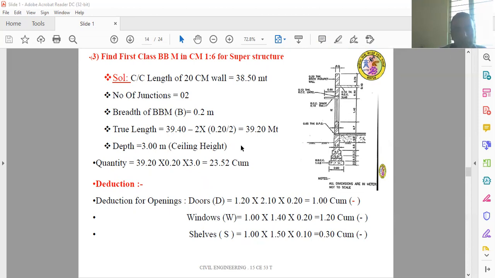But in actual practice, we are providing some windows, doors and shelves. That quantity can be deducted from this total quantity. Deduction for opening is the length of the door into the height of the door into the thickness of the door. The quantity is 1 cubic meter. Similarly, you have to calculate the windows, and similarly the shelves.